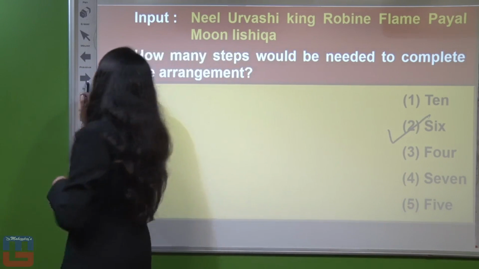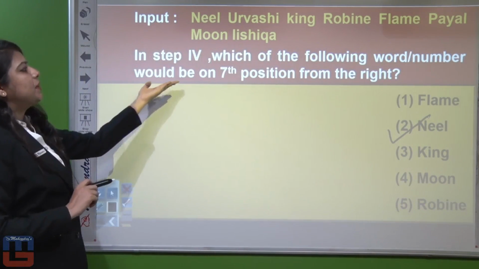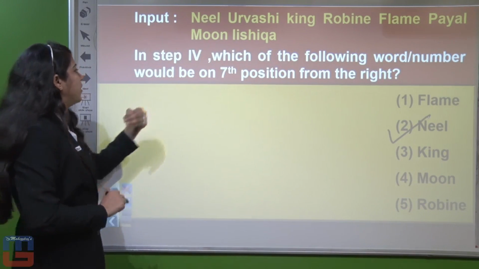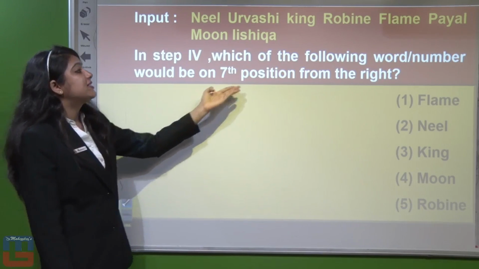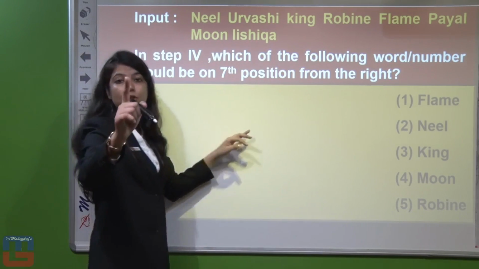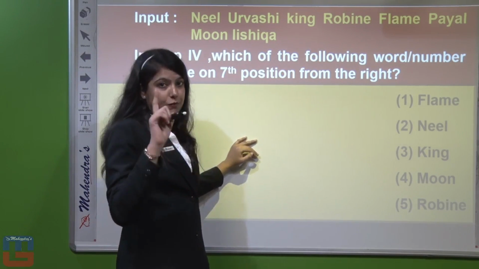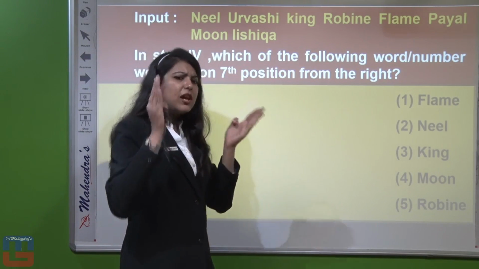Now coming to the next question. In step number 4, which of the following words or numbers would be in the 7th position from the right? Again focusing on step number 4, just visualize the image.